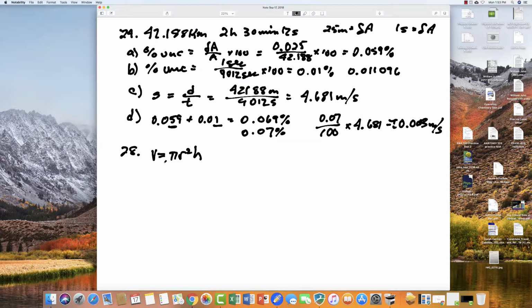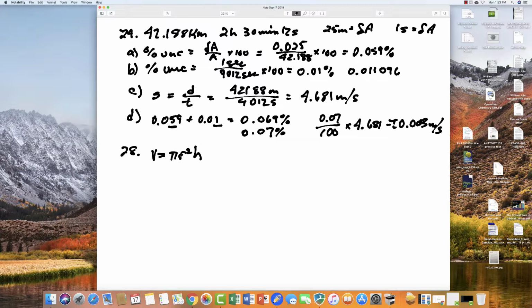It says a car engine moves a piston with a circular cross-sectional area 7.5 plus or minus 0.002 centimeters in diameter, a distance of 3.25 plus or minus 0.001 centimeters to compress a gas in a cylinder.